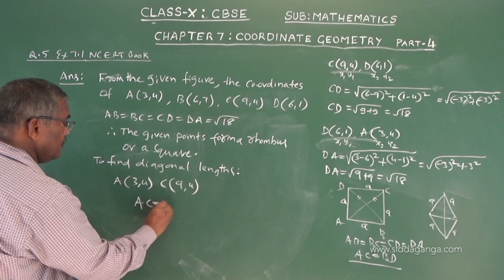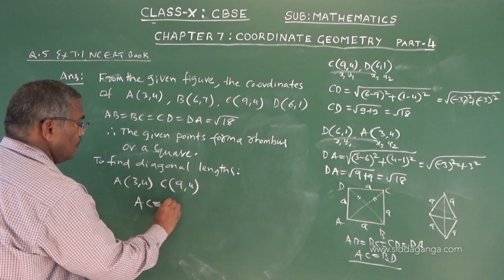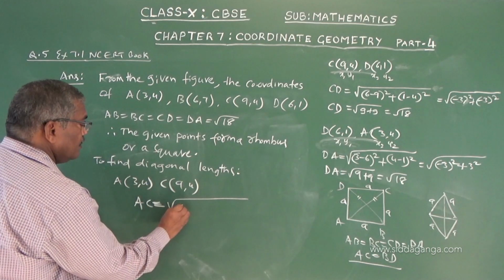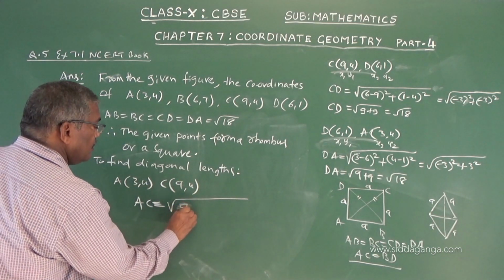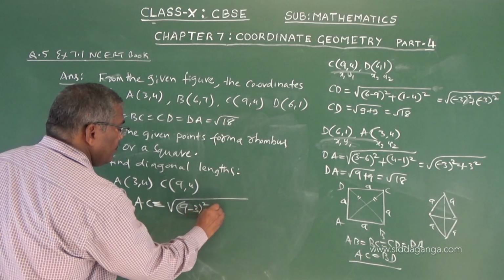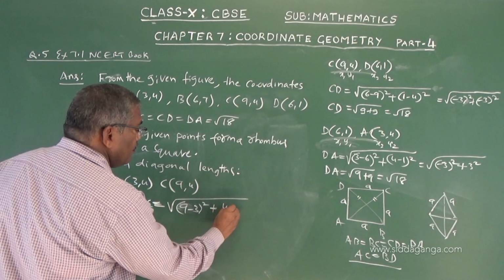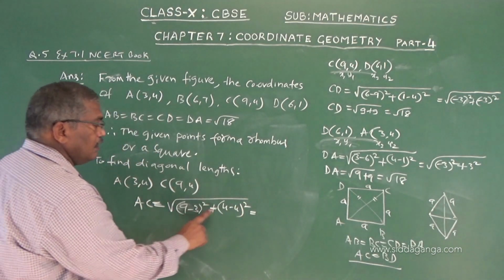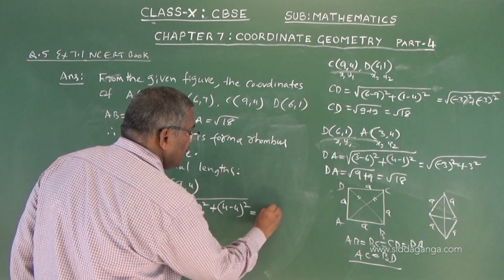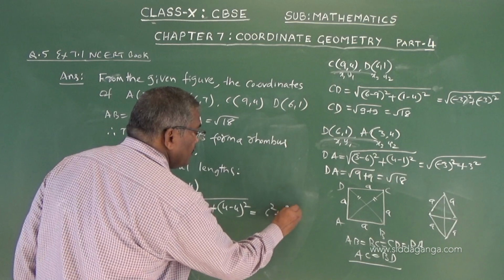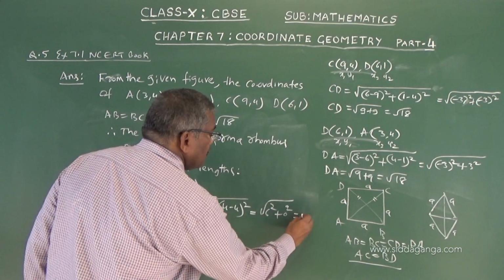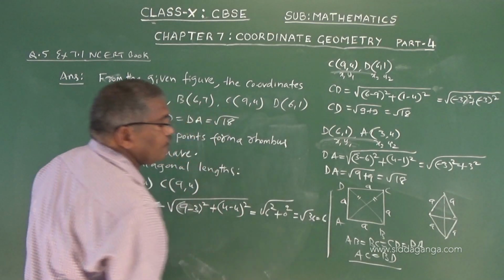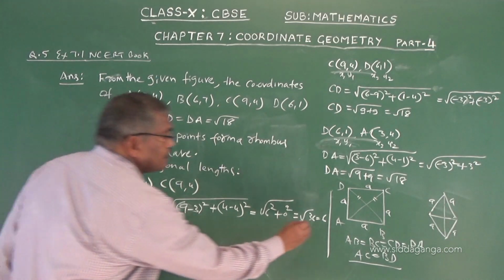AC equals square root of (x2 minus x1) whole square plus (y2 minus y1) whole square, that is 9 minus 3 whole square plus 4 minus 4 whole square. 9 minus 3 is 6, 4 minus 4 is 0, so 6 square plus 0 square under the root, that equals root 36, which is 6. So one diagonal is 6.